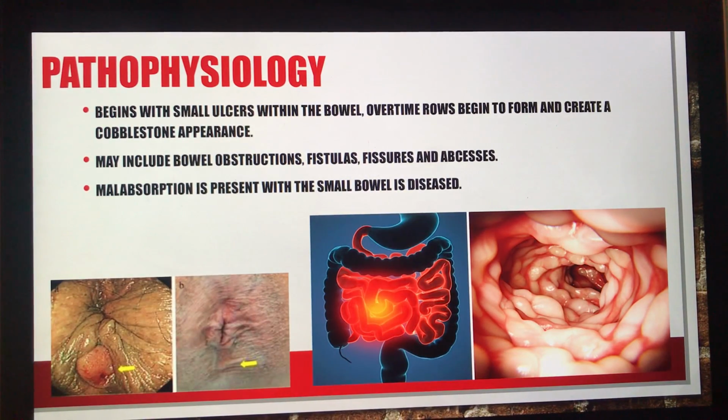In Crohn's, segments of the GI tract become inflamed, and in the early stages of the disease, these segments can be varied. But over time, they start consolidating into rows, and they start to form what leads to a cobblestone appearance. Over an extended amount of time, the growths can lead to obstructions and abscesses, which often necessitate a surgical intervention.